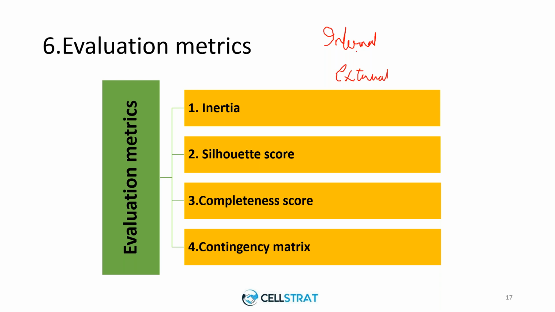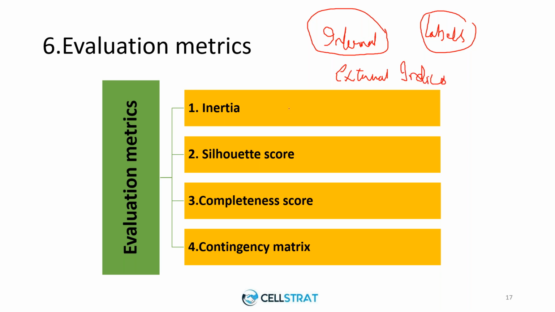Most unsupervised learning metrics are internal indices, where the metrics are not dependent on any labels, because in unsupervised learning you don't have any labels. Whenever we have external labels, any external data to compare with, we call them external indices.